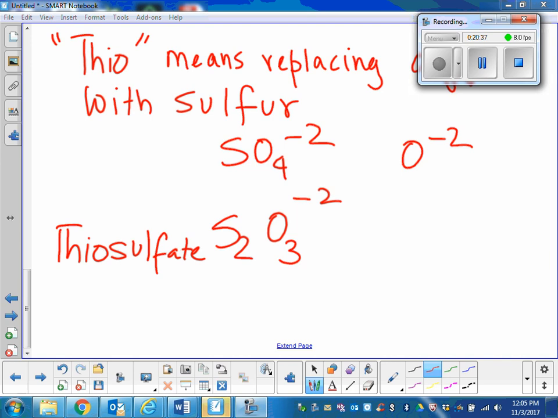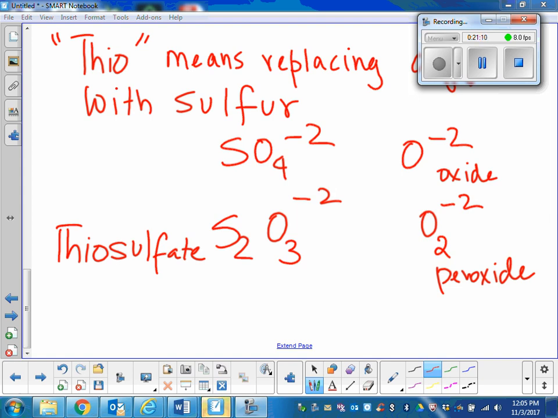You add an oxygen. So what will peroxide be? O2 minus 2. That's oxide. That is peroxide. Correct? That makes water. That makes hydrogen peroxide. Correct? You see the difference?